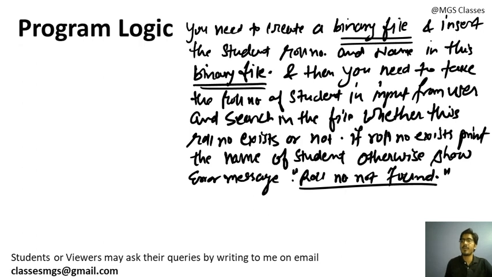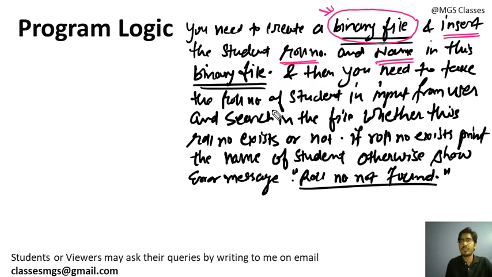In this problem, the interesting thing is that you are not supposed to create a text file this time. You are supposed to create a binary file. Then you need to open it in write mode and insert the roll number and name of the students, let's suppose 5 students or 10 students.